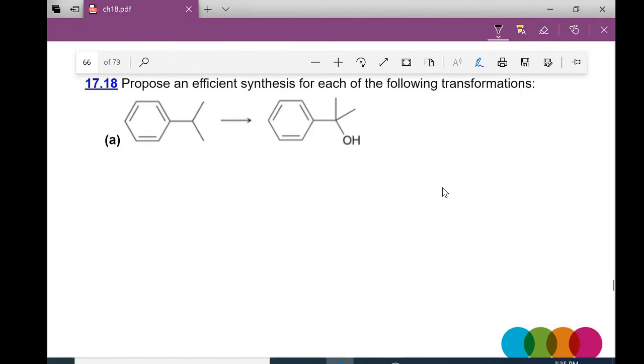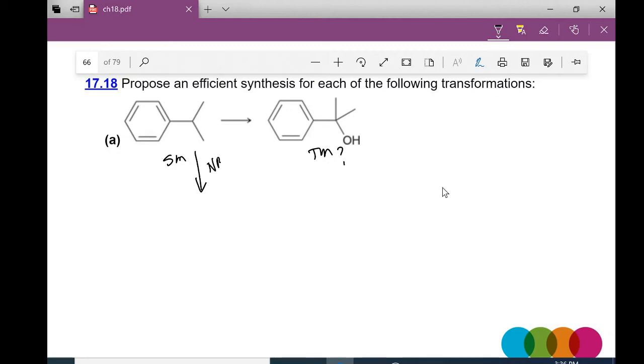So I'm going to look at some synthesis problems now just to finish up this chapter. How would you go from left to right? How would you go from our starting material to our target molecule? Okay, so these are really not all that complicated. The first thing we have to do is introduce some functionality here. So we can't get a reaction if we don't have any functionality. And so the first thing we need to do is say put a bromine on there.